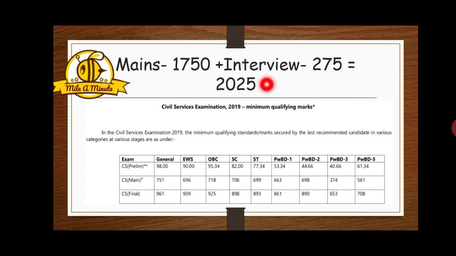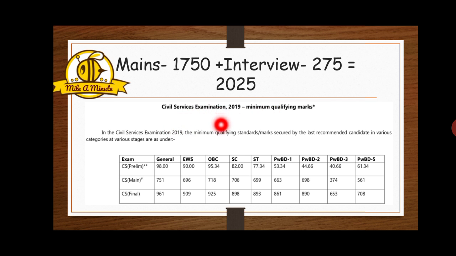Out of 2025, the mark which you obtain, based on that mark only, your final rank will be allocated. If you have cleared, then you will be allocated a rank. So based on that rank only, you can become an IAS officer, IPS officer, IFS officer, IRS officer, or railway service, or any services which you want to take.